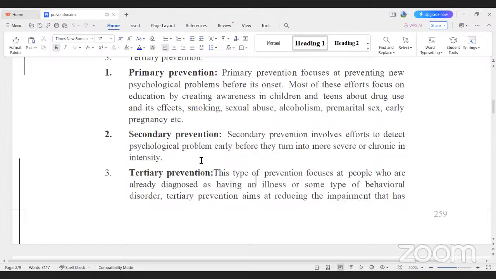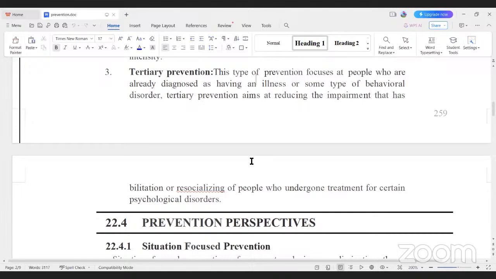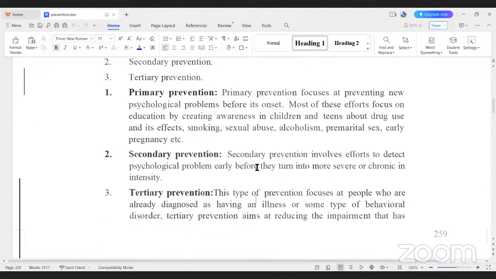And tertiary prevention, what is tertiary? This type of prevention focuses at people who are already diagnosed as having an illness or some type of behavior disorder. Tertiary prevention aims at reducing the impairment. See, already the people are having certain disorders.